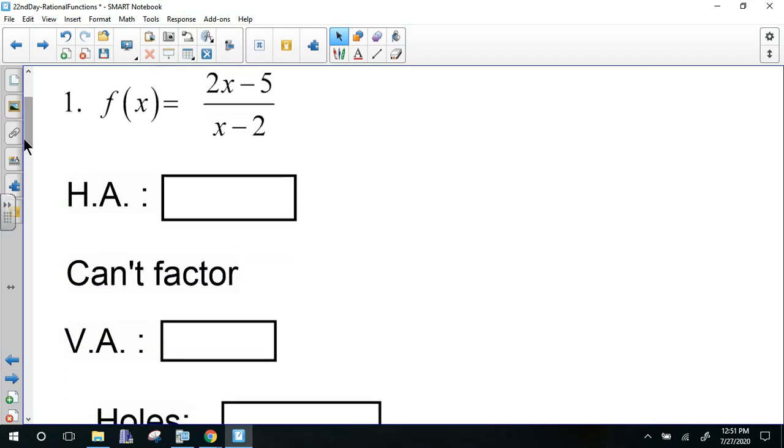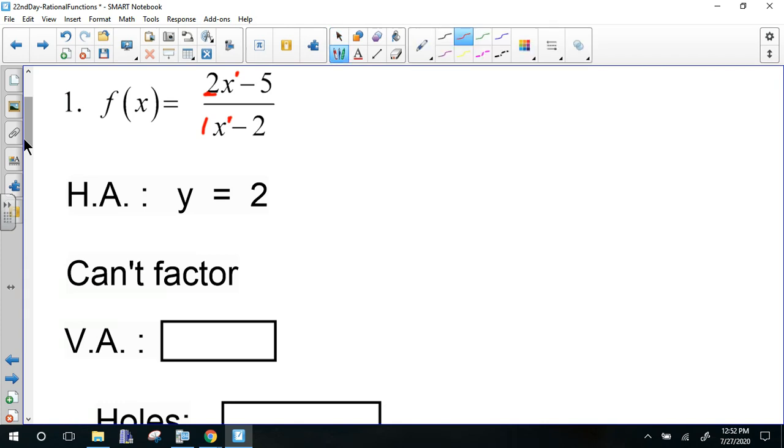All right, first they want us to find the horizontal asymptote. That's an exponent of 1, that's an exponent of 1, so we're going to look at 2 divided by 1 as being the horizontal asymptote, so y equals 2.